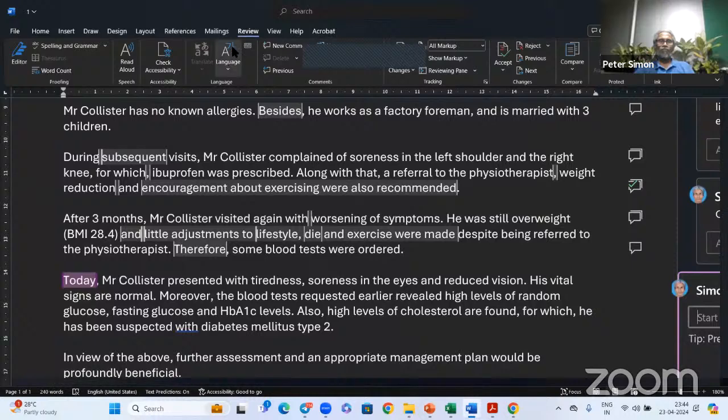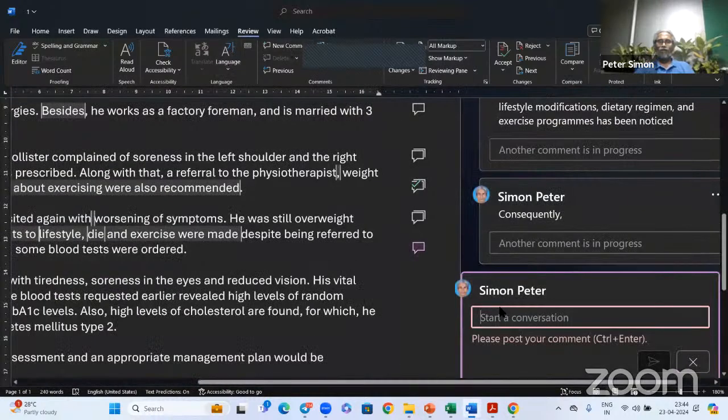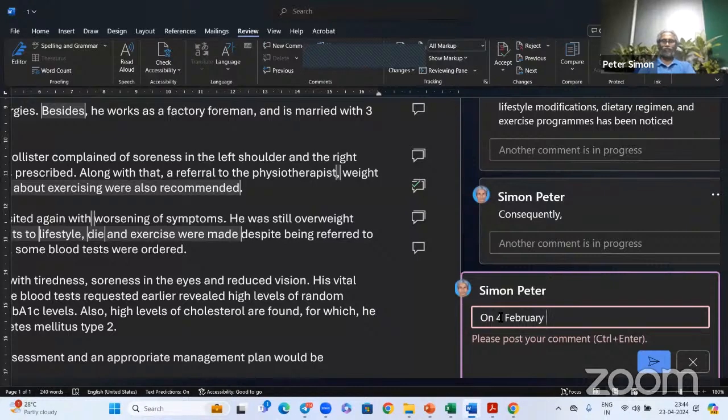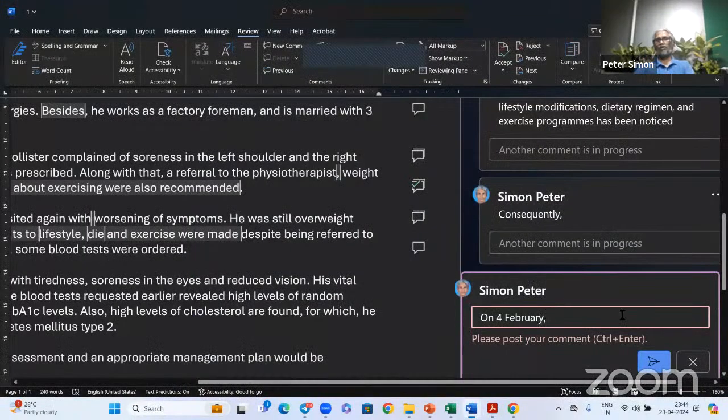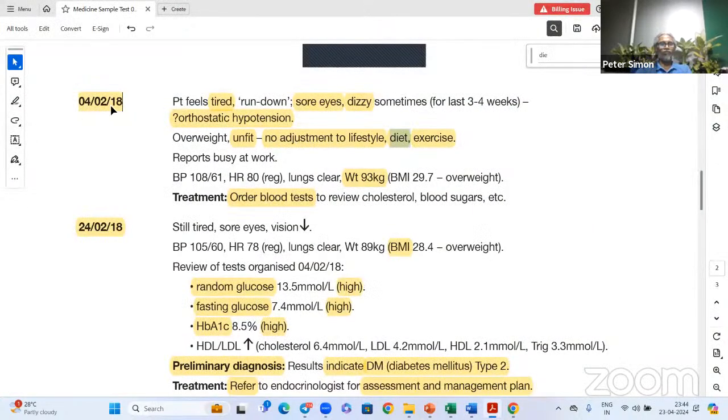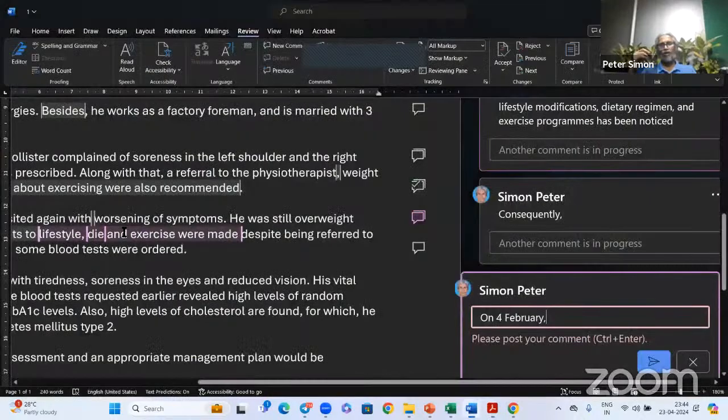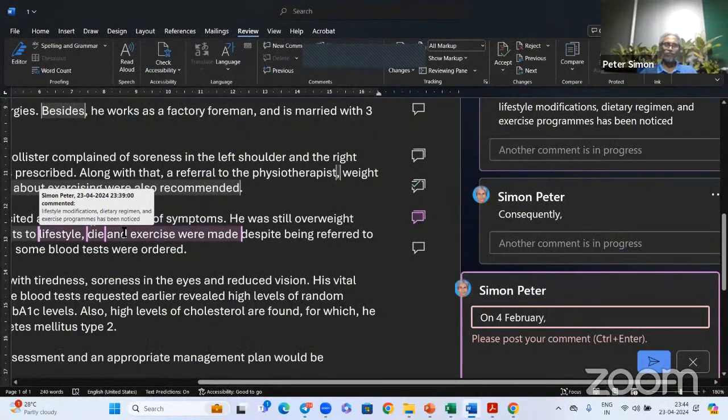So it's not today. It's on 4 February, comma. So on 4 February 2018. So here no need because it's the same year. Okay. 4th February and 24th February. You're writing on 24th February. It's the same year. So just on 4 February, comma.